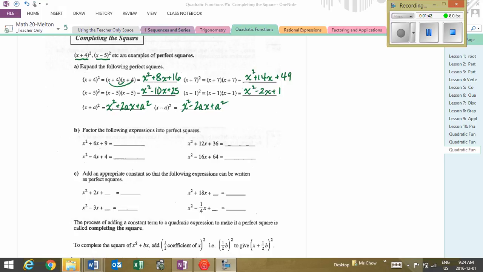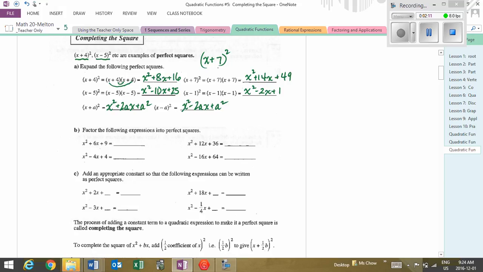So when we take a look then, we've got our expanded form of these binomials that have been squared, of these perfect squares. And so going through them, what we want to do is we want to be able to go through them a little bit more quickly. So we're recognizing then that obviously x squared comes from x plus 7 squared.